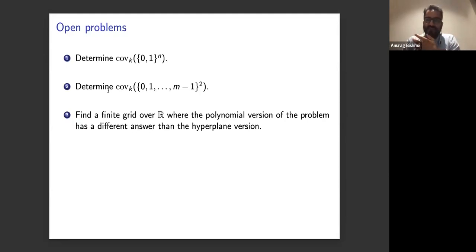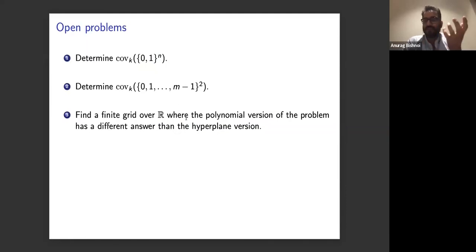And then here's a problem I'm really excited about, which is a more theoretical understanding of these methods and these problems. So can you find a finite grid? And here I'm focusing on characteristic zero fields, let's say R, where the polynomial version of the problem has a different answer than the hyperplane version. It's conjectured that it is true for this binary grid, but perhaps there's an easier example you can find, maybe already in the plane.